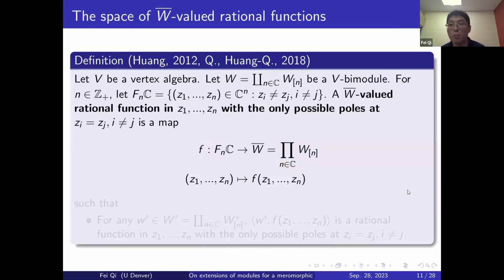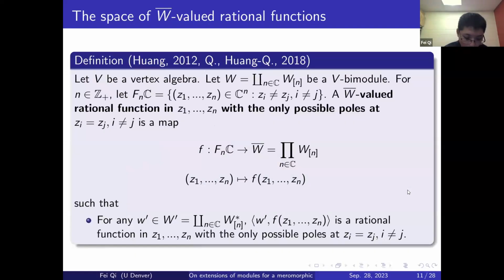So L0 is important. Okay, so its image has to lie in here, and the only requirement is, if you pair this image with any element in the restricted dual, then you are supposed to end up with a rational function in z_1 to z_n with the only possible poles at z_i equals z_j, where i does not equal j. So this is the first condition.